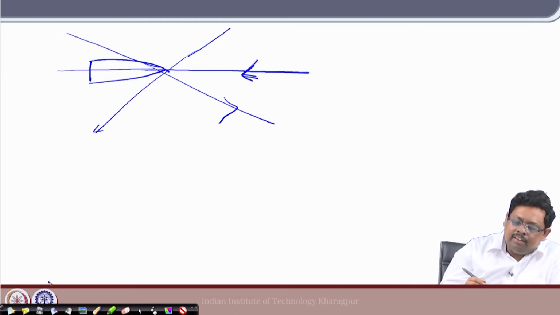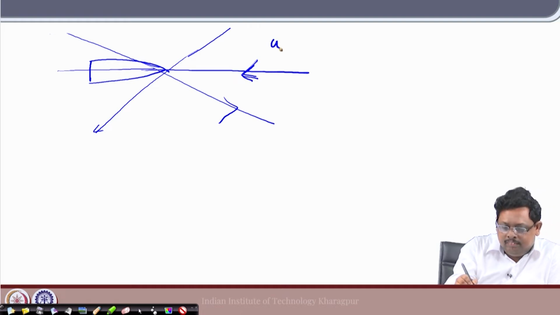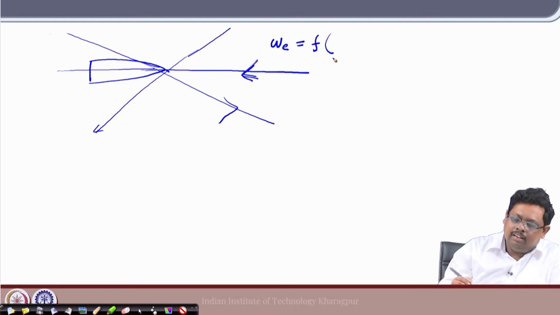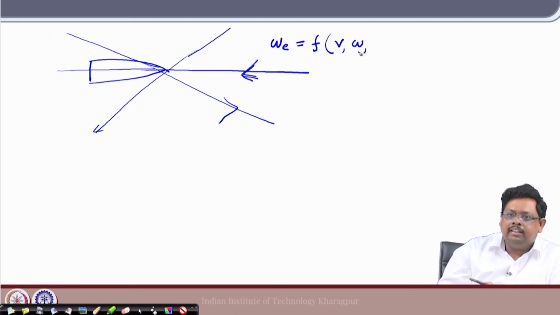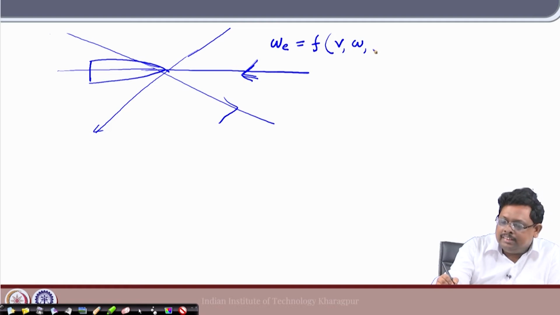So, therefore, I can understand this omega e is definitely a function of first the velocity with which the ship is travelling, and also omega, that means the wave frequency. Not only that, there must be some angle between them which is called the angle of attack. Okay.